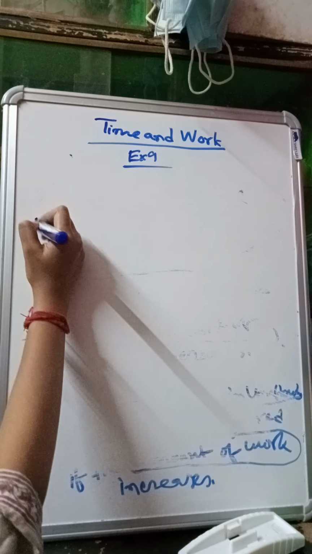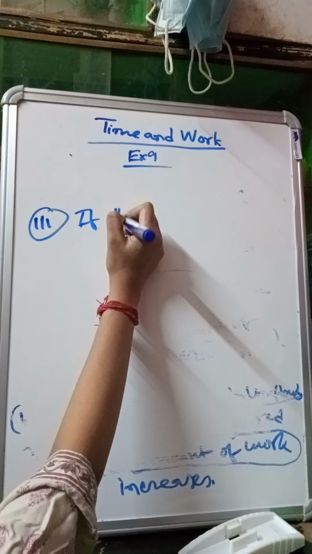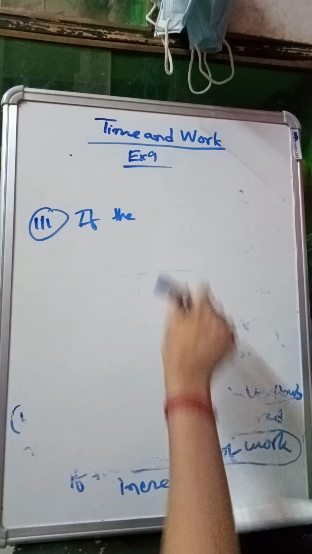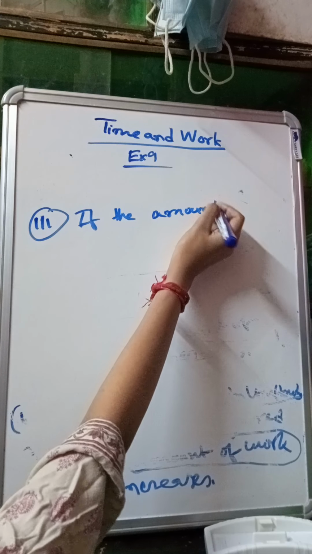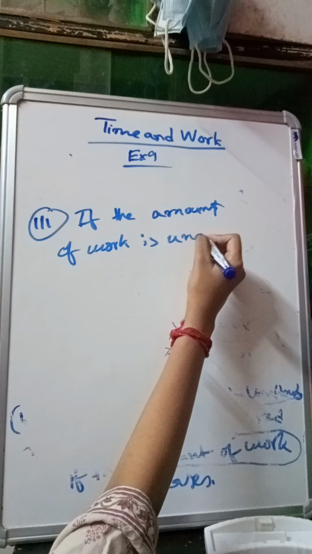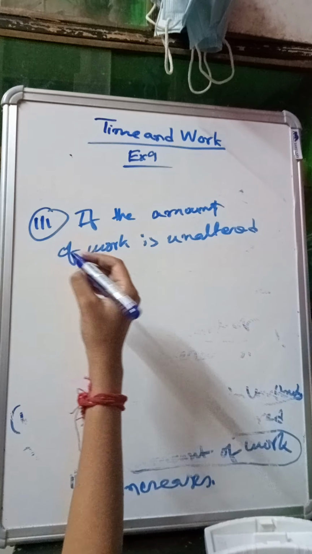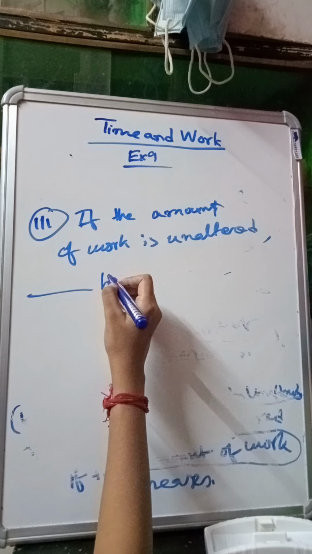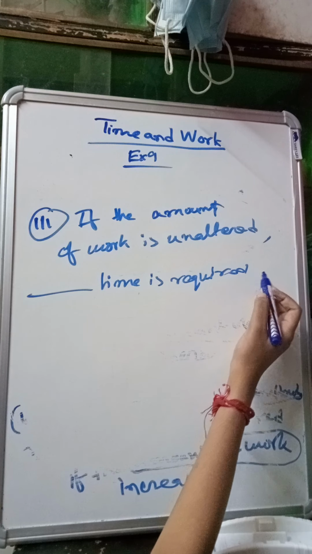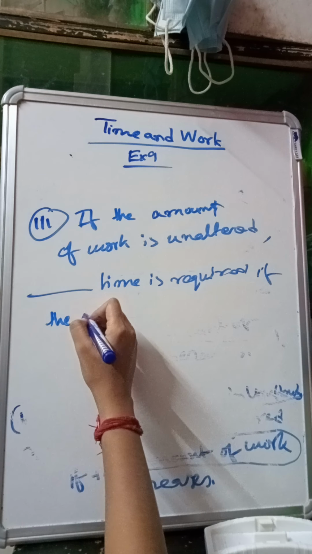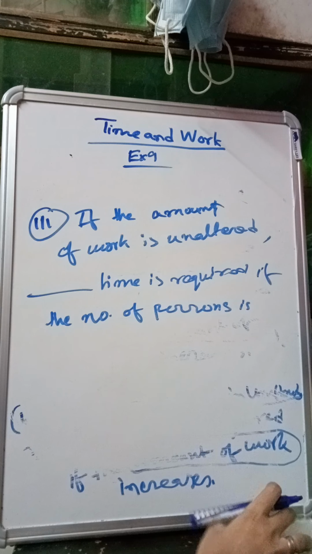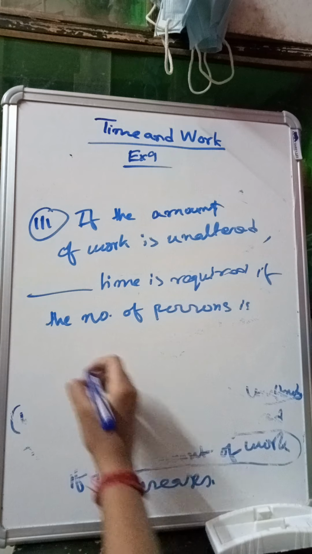Okay, then for the third one we have, here the work done is unaltered. So if the amount of work is unaltered, dash time is required if the number of persons is increased.